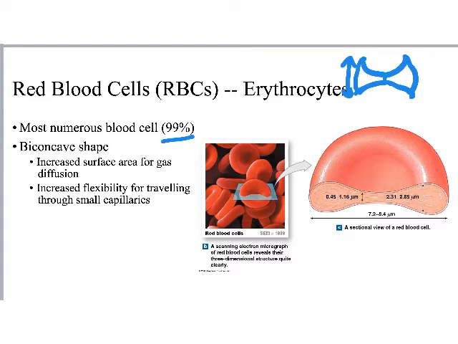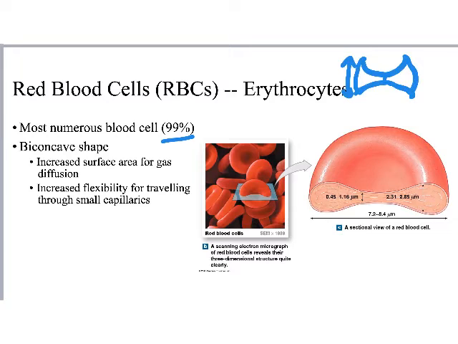When it gets to the lungs, it's going to pick up oxygen, so oxygen has to move from the air sacs in the lungs, the alveoli, into the red blood cell. And then when the red blood cell gets to the tissues, it needs to allow that oxygen to diffuse out and feed the tissues. It also picks up some of the carbon dioxide. So the purpose is diffusion of gases, oxygen moving in and out, carbon dioxide moving in and out.